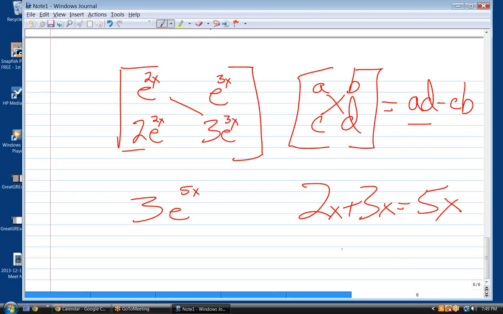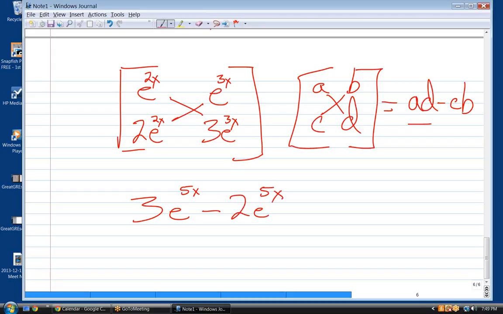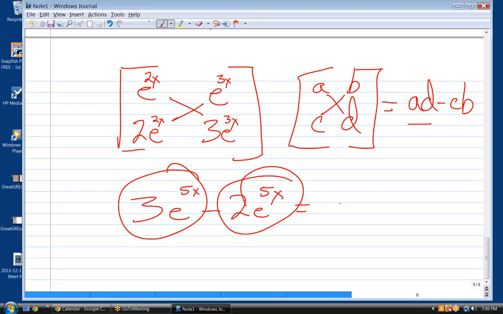Not multiplying. If we were multiplying them, it would be 6x squared. Okay. Minus that product, 2e to the 5x. That simplifies to just e to the 5x. I got 3 apples minus 2 apples, 1 apple, with my apple being e to the 5x.